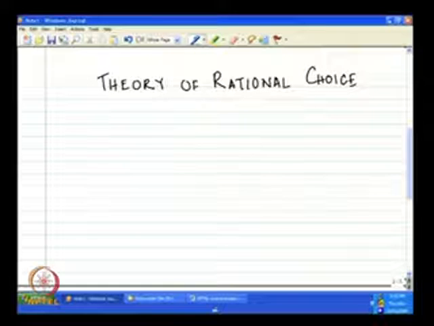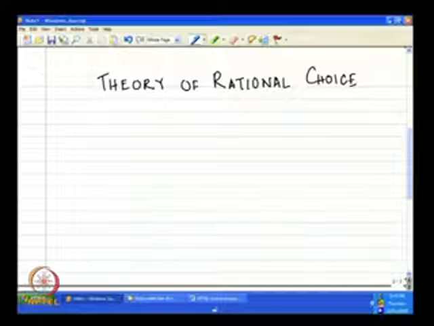So this theory of rational choice will always be there underlying the entire course. Theory of rational choice is the cornerstone of the economic theory of our time, the mainstream economic theory.